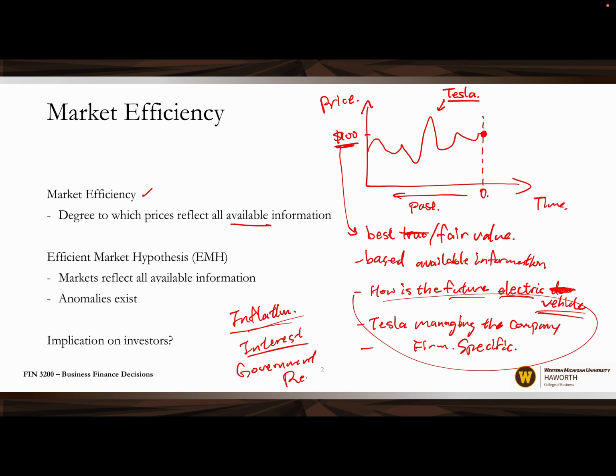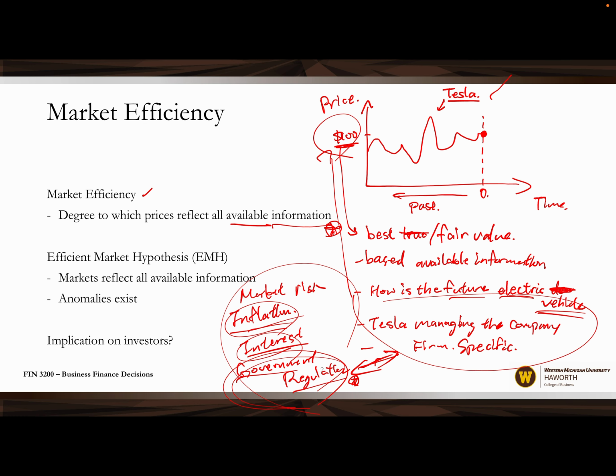If there's a trend toward moving away from gasoline vehicles, then it's good for Tesla, right? So these things are more like market related risk. Maybe this would be somewhat firm specific, but you get the point. These are information that determine the price of this specific firm.